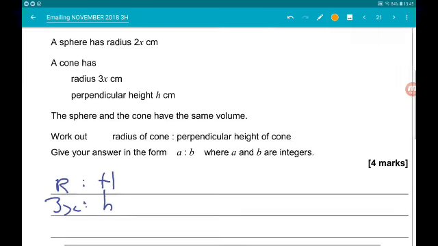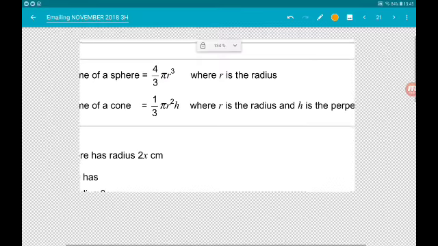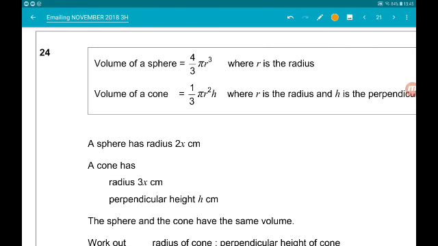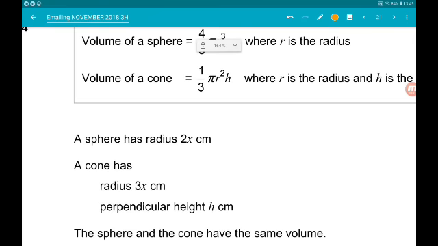The volume of a sphere is 4/3 pi r cubed. Now the radius of this sphere is 2x. So what we're going to do is find both volumes, set them equal to each other, find what h is in terms of x, and then finish it from there.